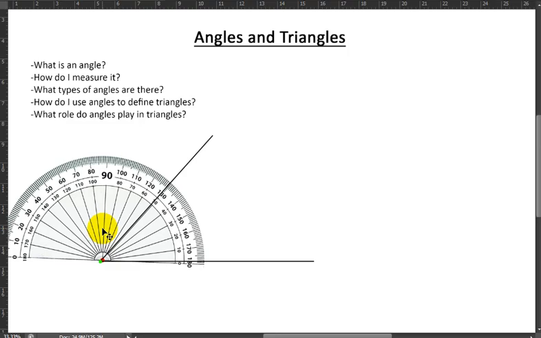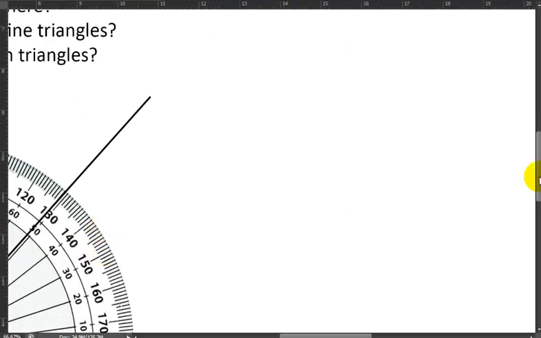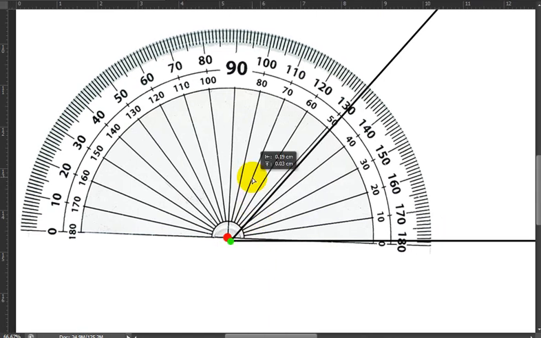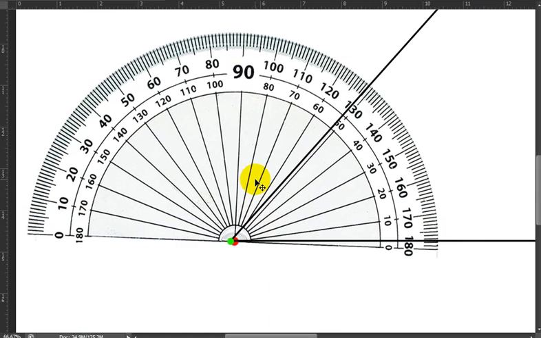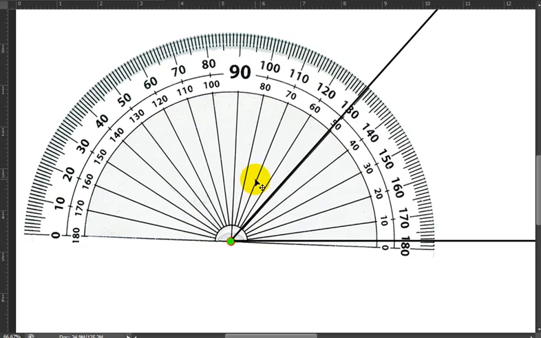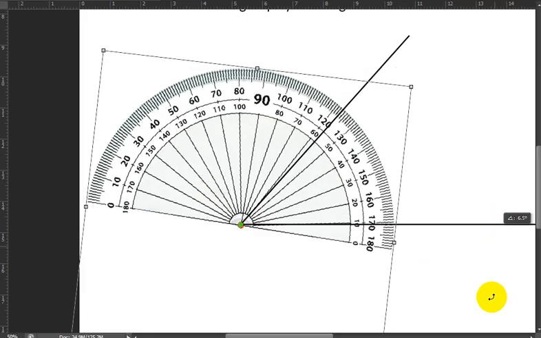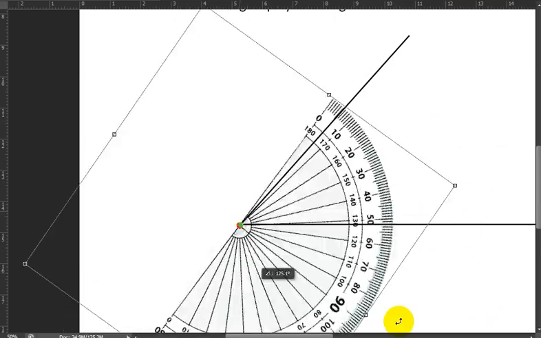So that would be here-ish. Here. Okay. Once I've placed the protractor at the correct spot so that its center is at the point of intersection, I'm going to start turning it.